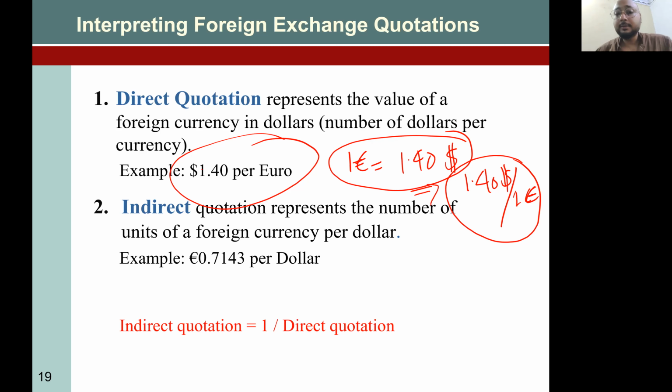In direct quotation, how much your home currency or local currency is equal to how much foreign currency.